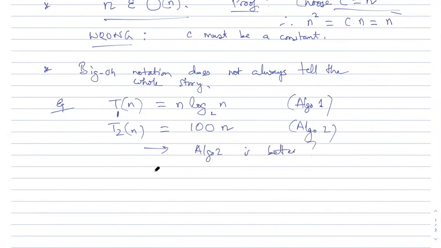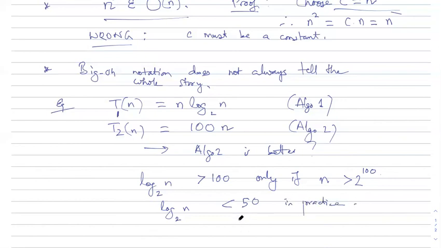But now immediately somebody would conclude that algo 2 is better. The question is, is it? You can see that log base 2 of n is greater than 100 only if n is greater than 2 to the power 100. Log n base 2 is typically less than 50 in practice.